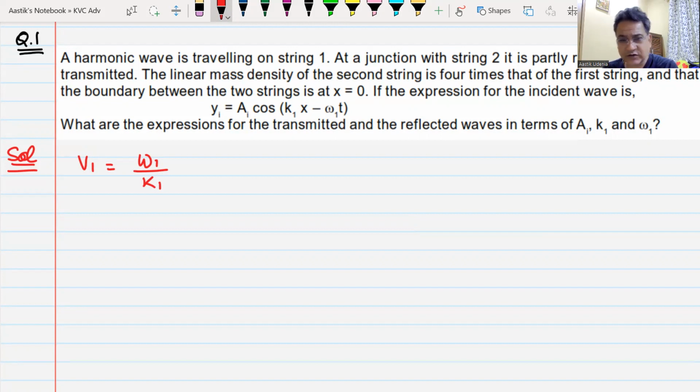You have to find out the velocity in the second medium. How will I find the velocity in the second medium? You wrote the velocity in the first medium as omega 1 by K1. How will you write the velocity in the second medium?